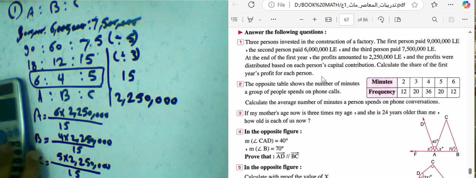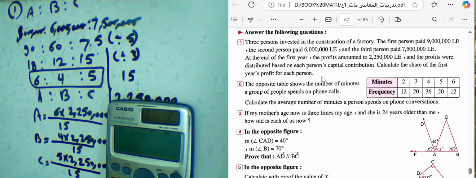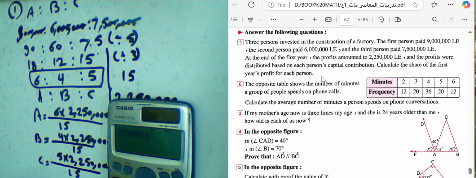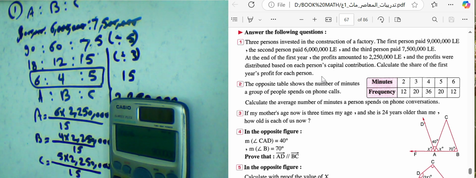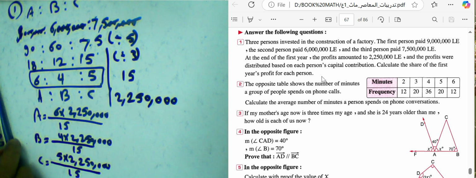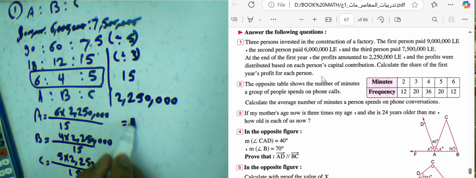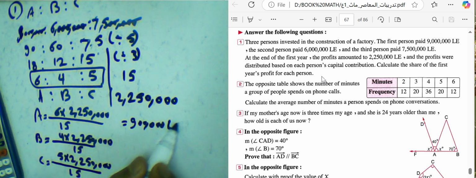We can use the calculator to find the result. Write 2,250,000 divided by 15 equals this number, multiplied by 6. So the first person will get 900,000 Egyptian lira.